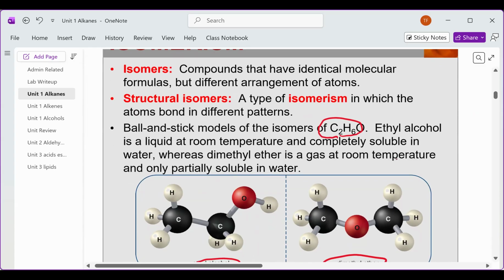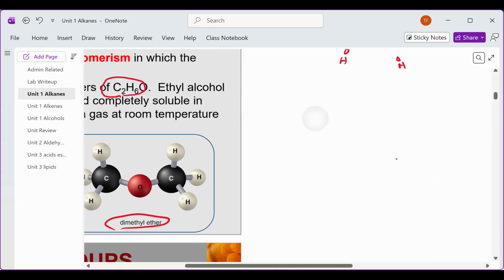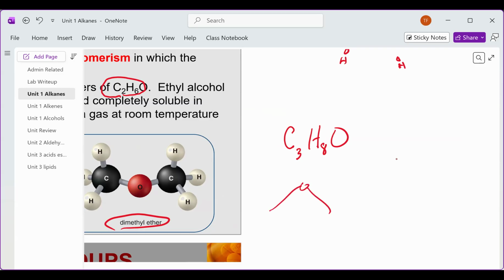Now, there's something called an isomer. Okay, so we have a formula here. We can write two Lewis structures that are legal with that formula. One is like this. So that's carbon, carbon, carbon.